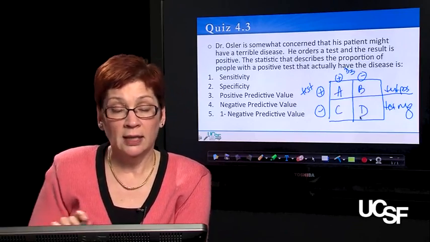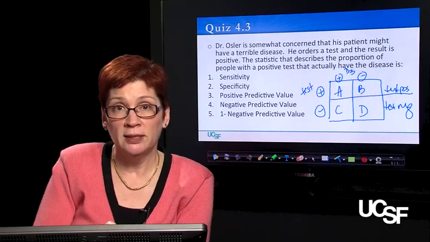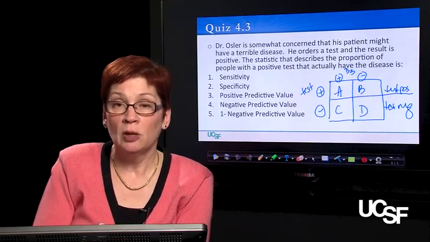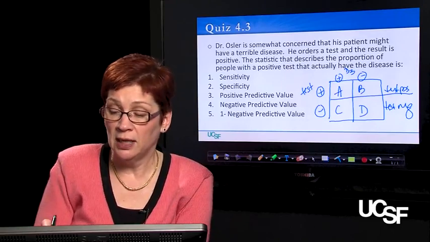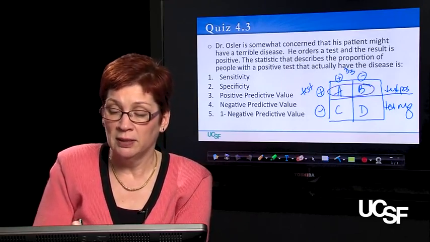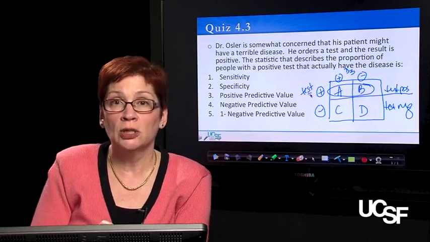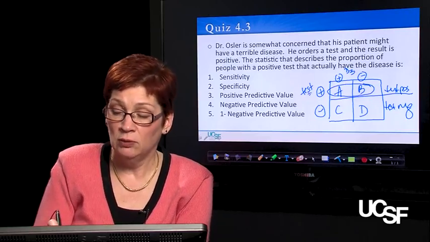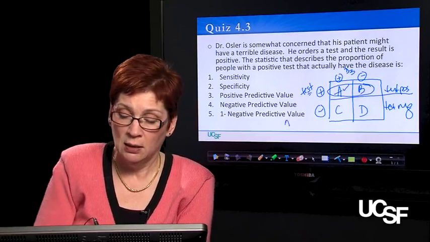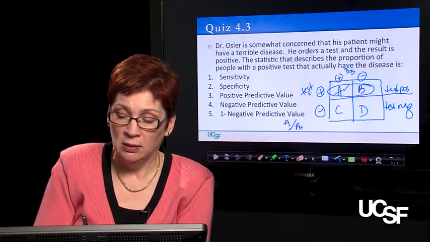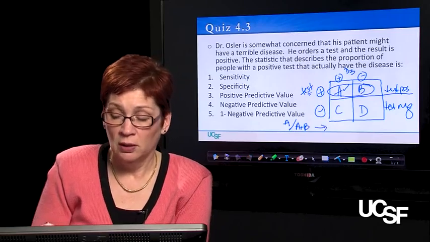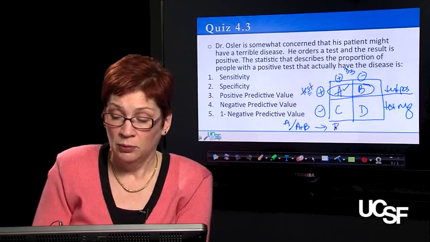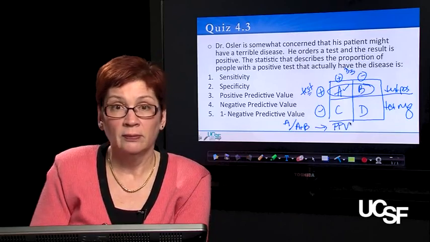So what Dr. Osler is asking is, what's the statistic that describes the proportion of people with a positive test, all of these people have a positive test, who actually have the disease, and that would be here. So it's A over A plus B, which is the formula for positive predictive value.